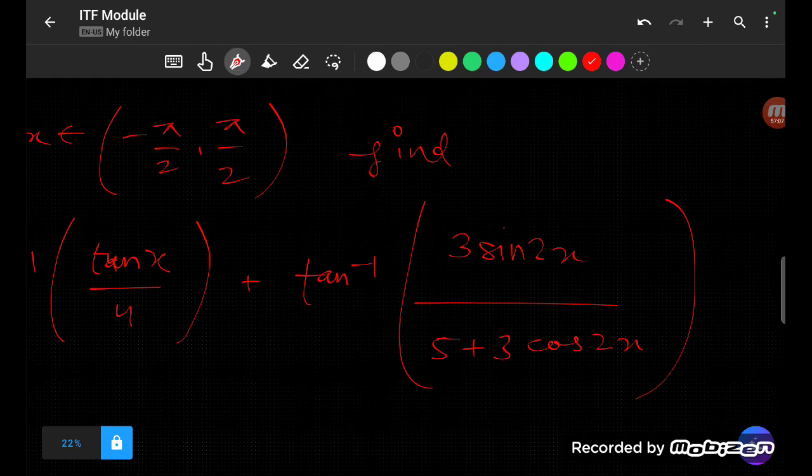Tan inverse tan x by 4 plus this monstrosity or whatever this is.